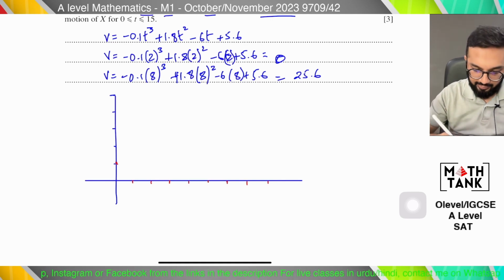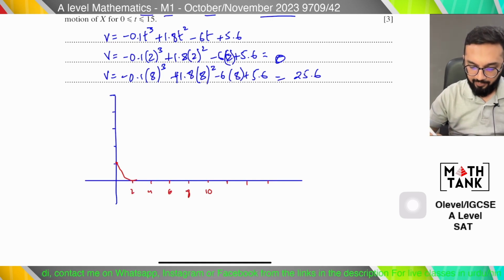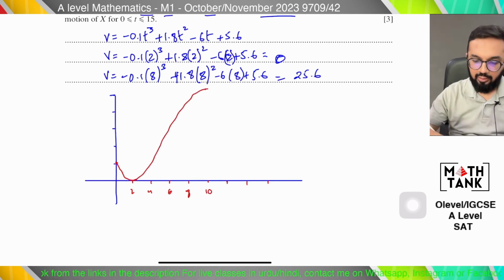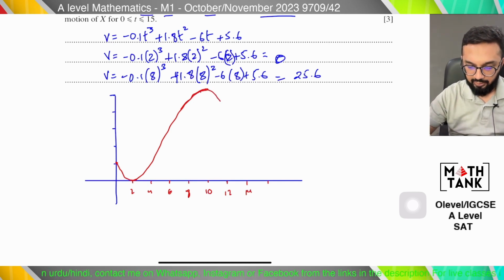Okay, so the graph goes like this first, and then for the next part of the journey, it climbs up to 2, 4, 6, 8, 10, and then it goes somewhere up here. Okay, and it curves again, and then at 14 it's back down to 0, because that's what the question is telling me.